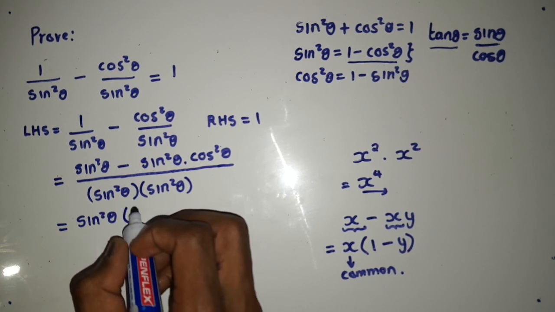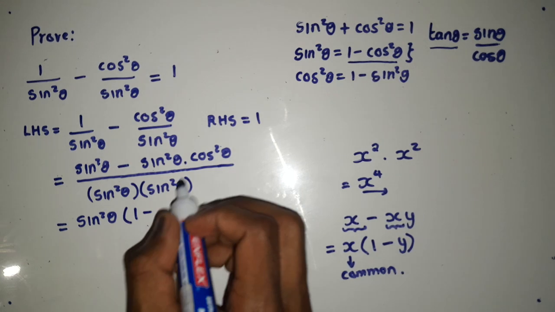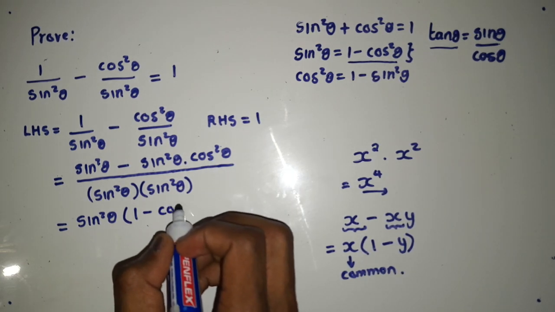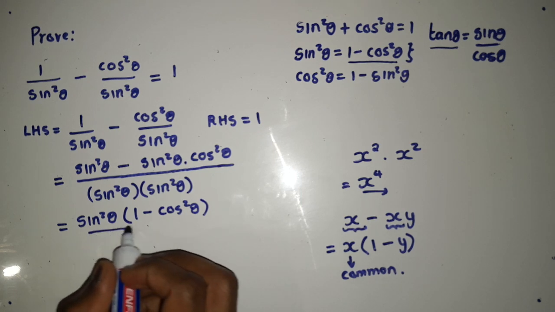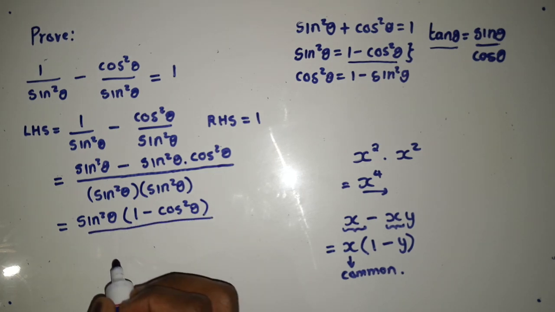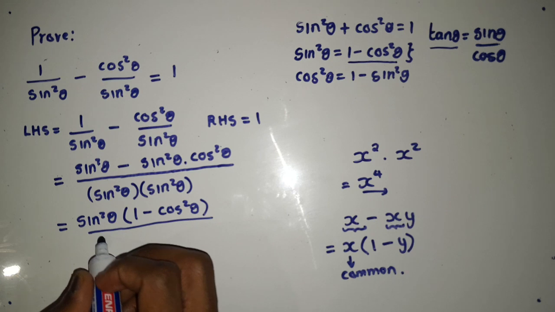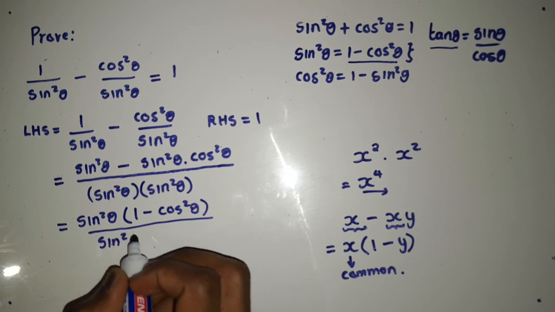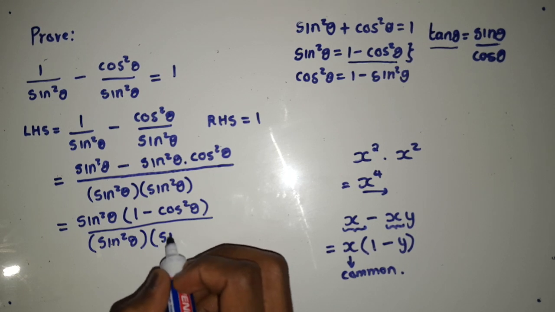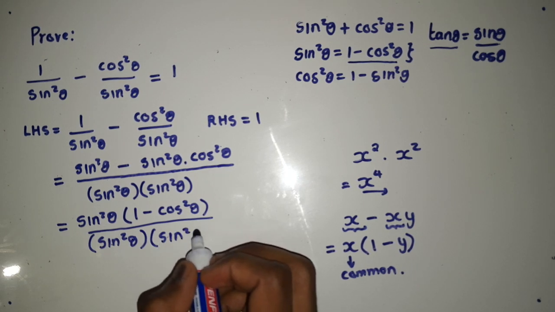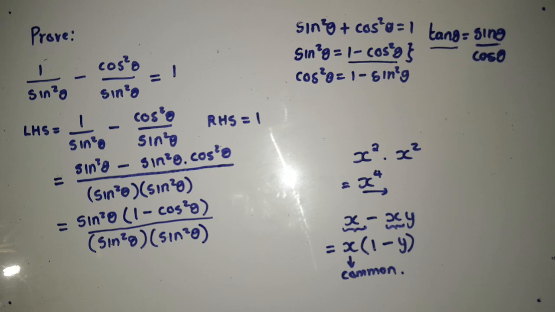We close and we're gonna have 1 minus cos squared theta. Then we close. Then let us divide by sine squared theta like this. Then we also have sine squared theta like this.